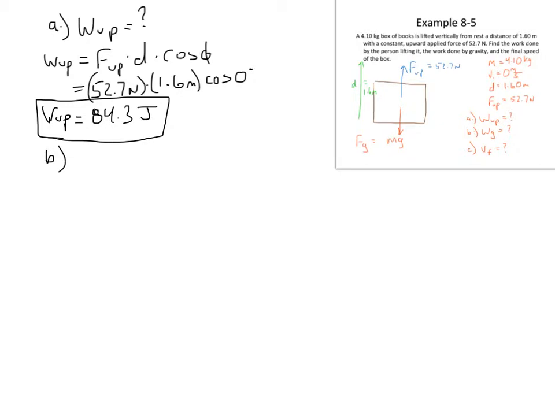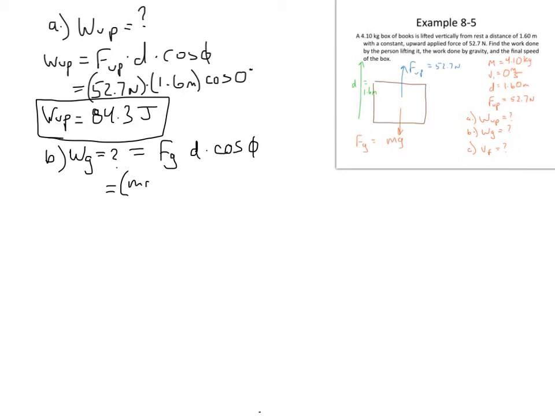What is the work done by gravity? That's what we want to know in part B. Let's write down our equation for work again. Work done by gravity equals force of gravity times distance times the cosine of the angle between them. What's the force of gravity?